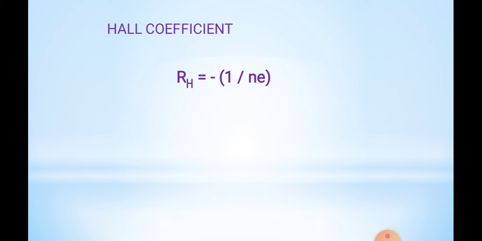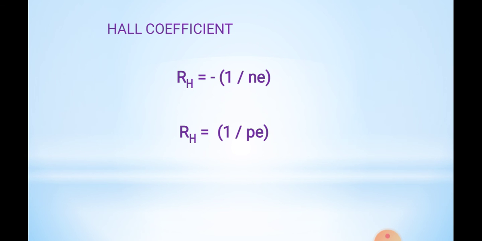Here N is the carrier concentration, that means electron density, because for N-type the carrier is the electron, and e is the charge of the electron. We use a minus sign because the charge of the electron is negative.